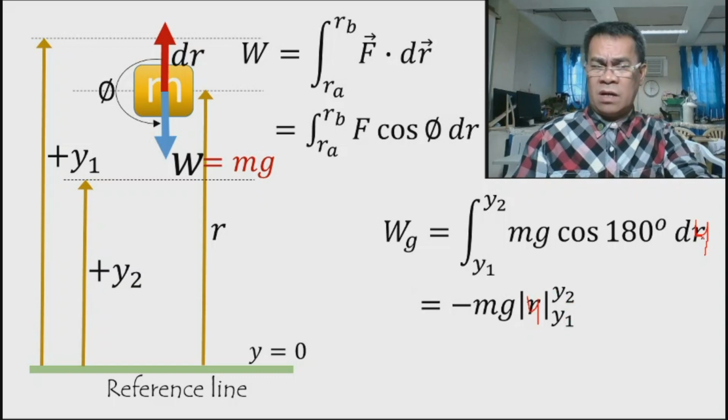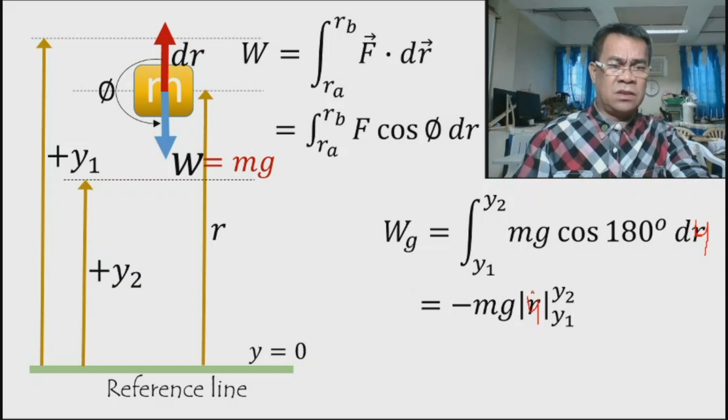Or you can say it r, and this is r1, this is r2. So nothing to worry. So therefore, again, the integral of mg cosine 180 degrees dy or dr is just mg, negative for the cosine 180, and we have r or y from y1 to y2.